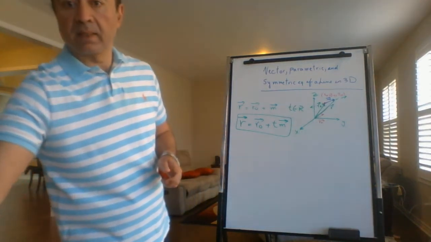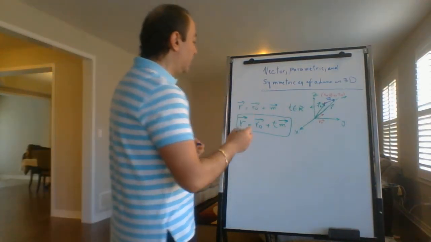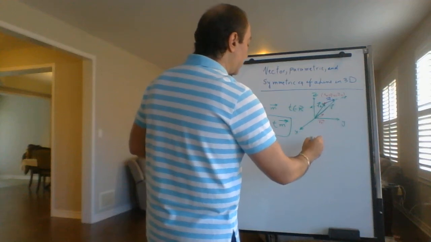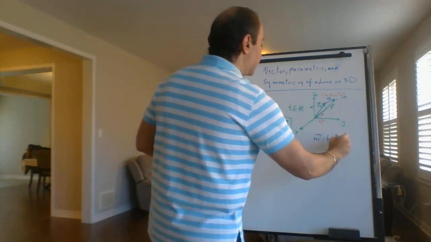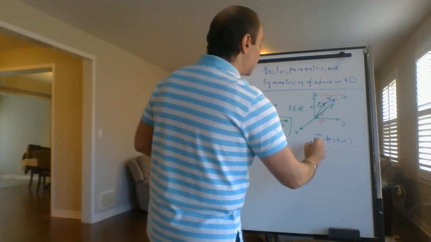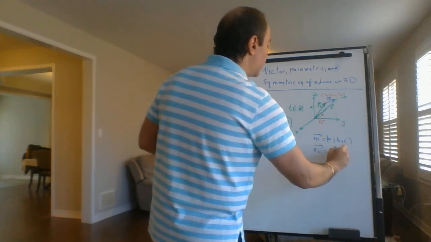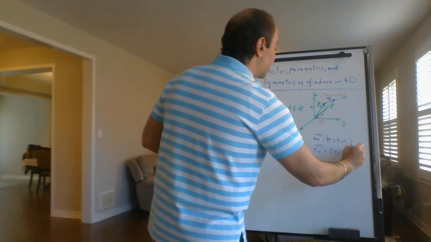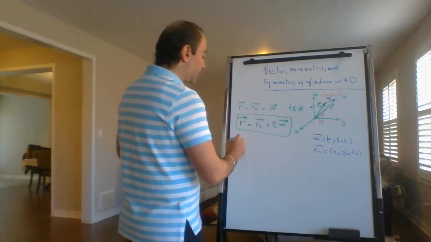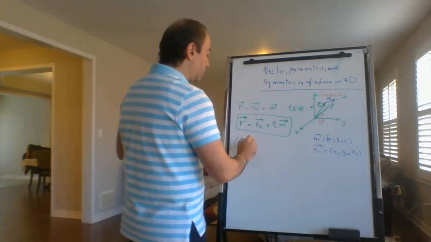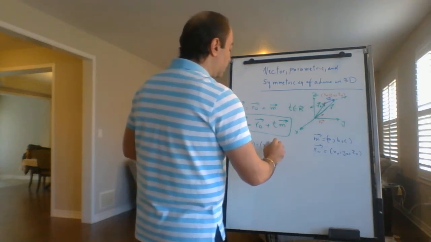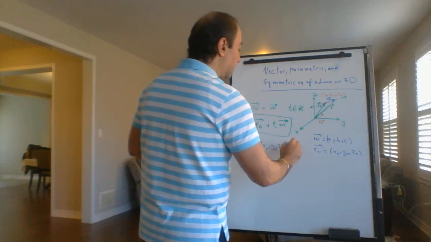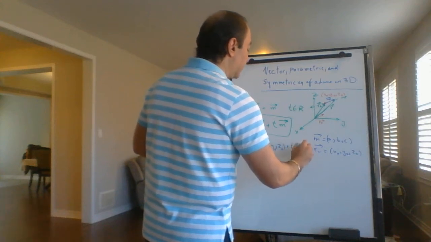So let's say we have direction vector m is a, b, and c, and r sub 0 is x sub 0, y sub 0, z sub 0, and we can write this as x, y, and z because it has any coordinates, equal x sub 0, y sub 0, z sub 0, plus t times a, b, and c.